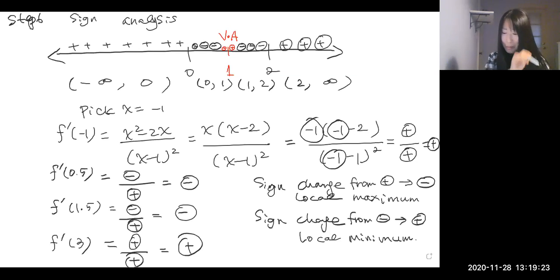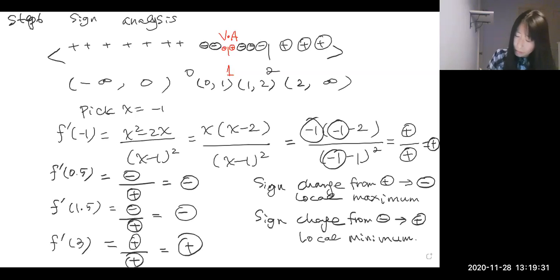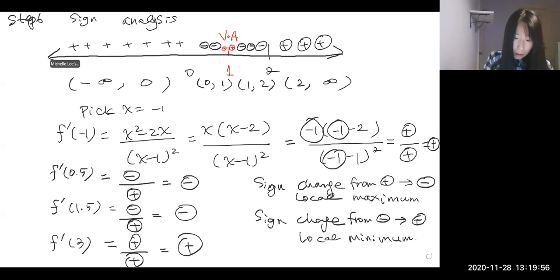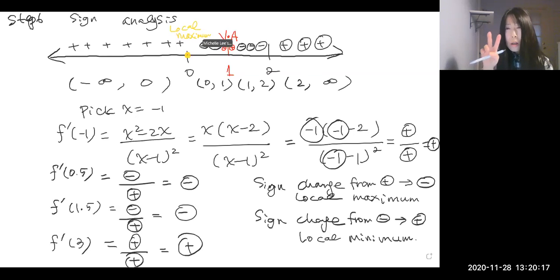So at 0, 0 is a local maximum. And from 0 to 1 and 1 to 2, there is no sign change, right?